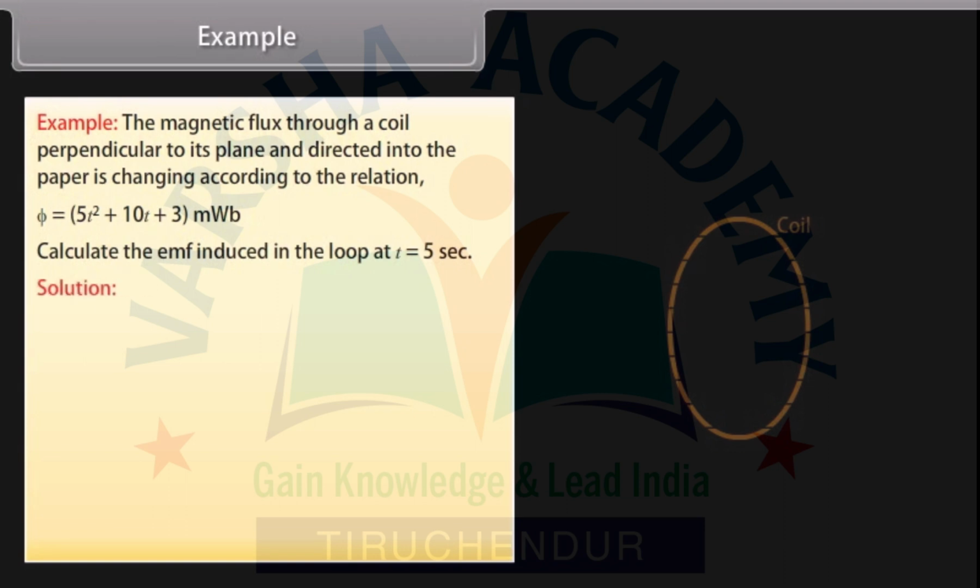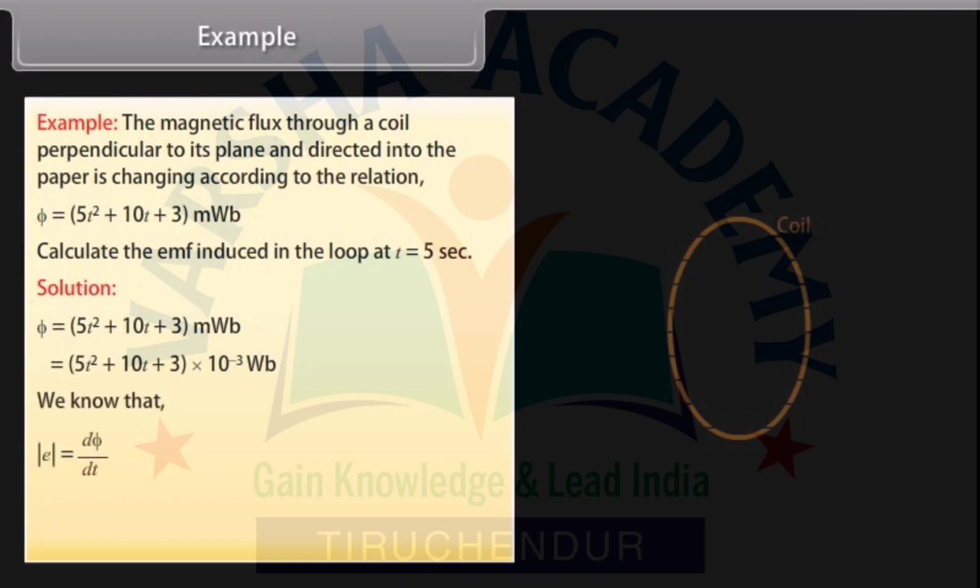Let's see the solution. Given Phi is equal to 5t² + 10t + 3 milliweber, it can be written as Phi is equal to (5t² + 10t + 3) multiplied by 10^-3 Weber. We know that E is equal to d Phi by dt.